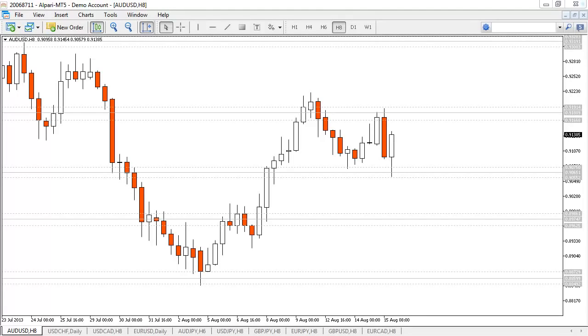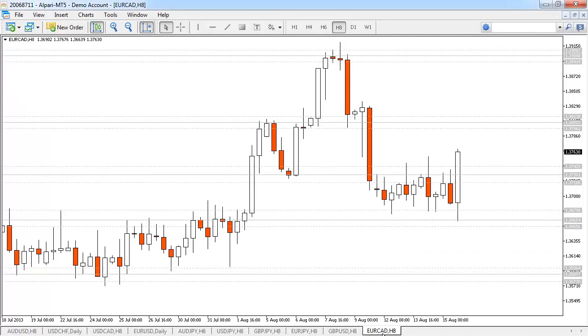EuroCAD is the one he meant. I assume you're talking about Kelvin. All right, Kelvin also said EuroCAD. This EuroCAD trade. I don't like how these lines work on this.